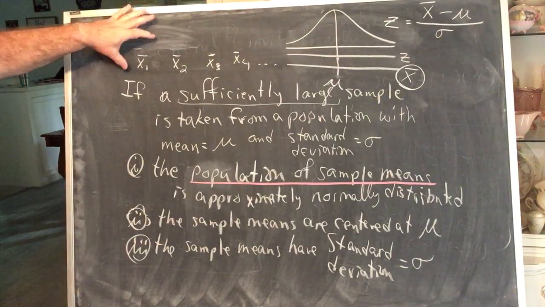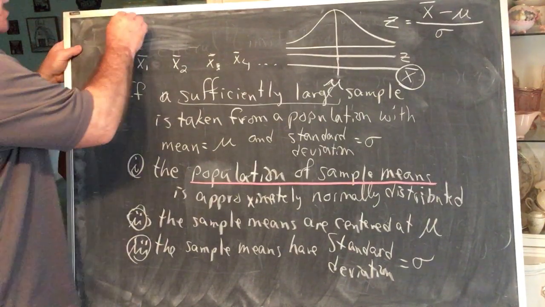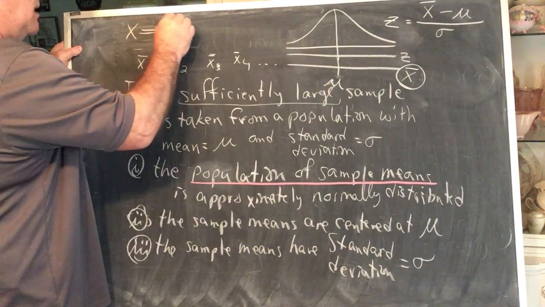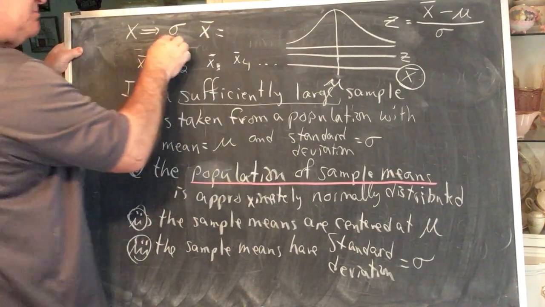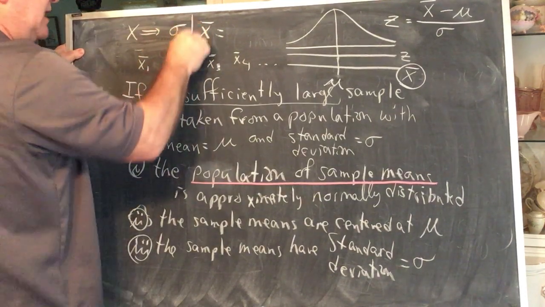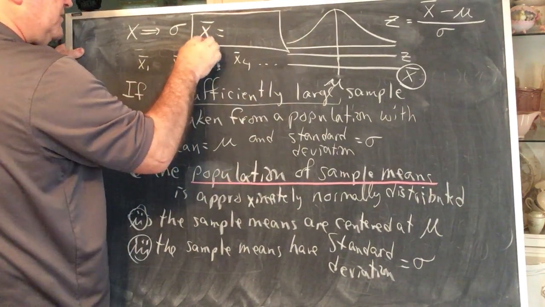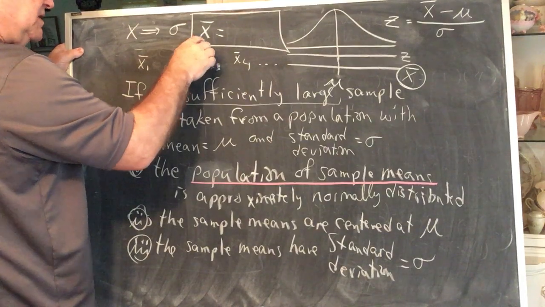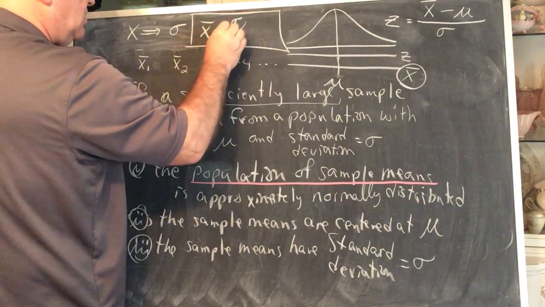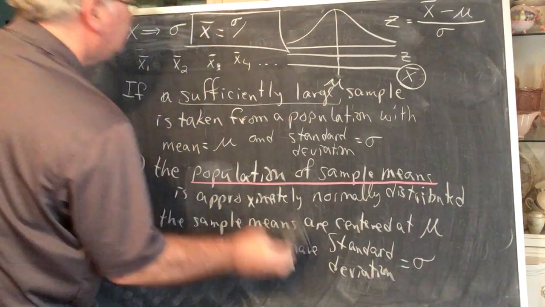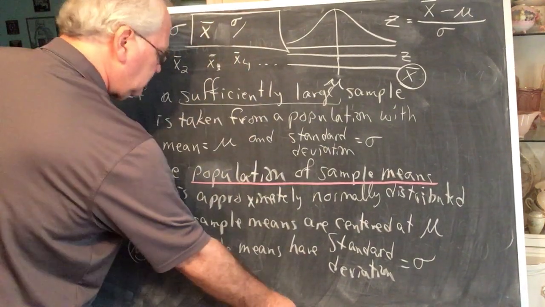And now the last piece is the sample means. These also have a standard deviation. But the raw data values correspond to the standard deviation. The x bars don't correspond to the standard deviation. And here's the new piece. The standard deviation of the x bars is not sigma. It is sigma over, I'm going to write this differently.